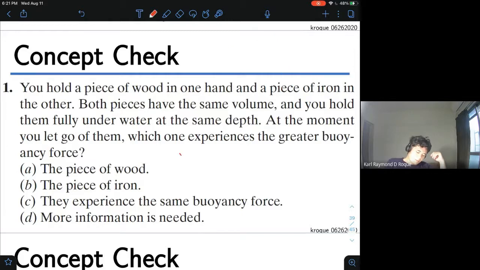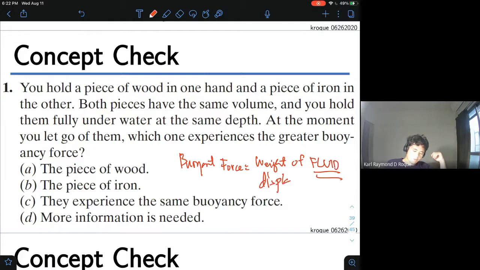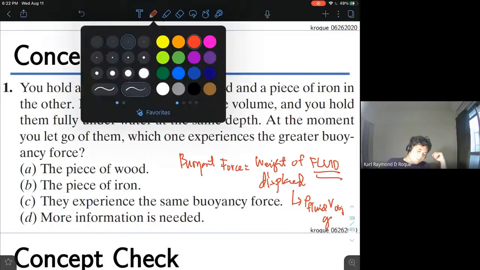Diba? Buoyant force equals weight of fluid displaced. Ano yung weight of fluid displaced? Saan equal yun? Raw fluid V object G. Ano sabi sa problem?